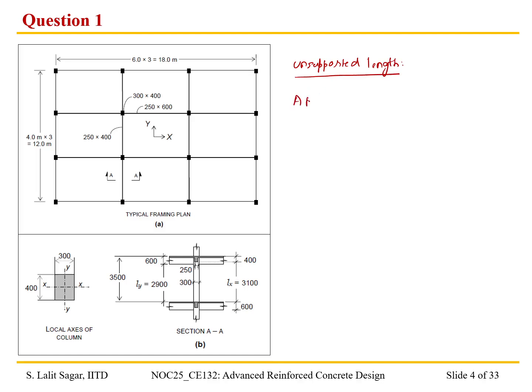So about x-axis is equal to, the floor to floor height is 3.5 meter. Okay, so that is 3,500, let's express in terms of millimeter, minus the depth of the beam in the transverse direction, that is 400 millimeter. Okay, right. So that gives us a value of 3,100 millimeter.